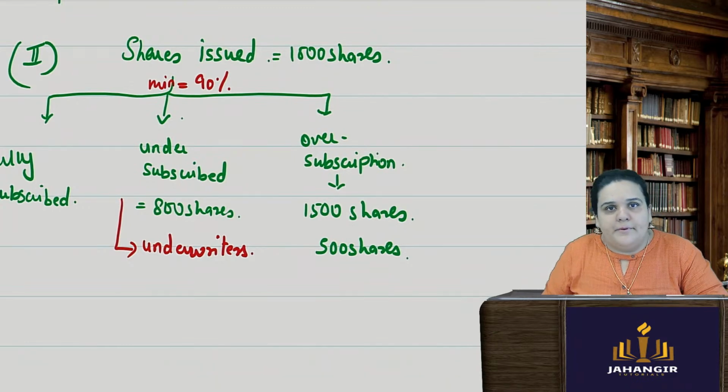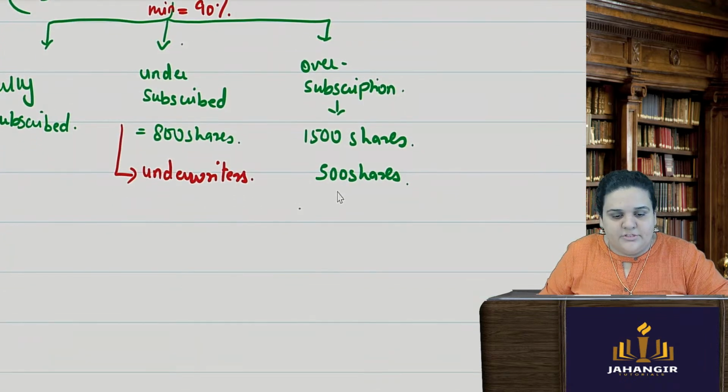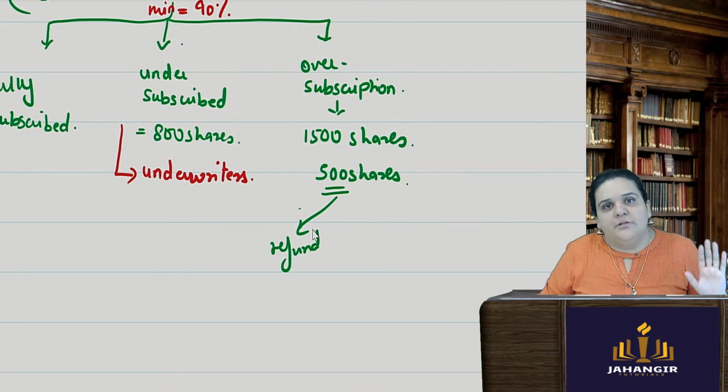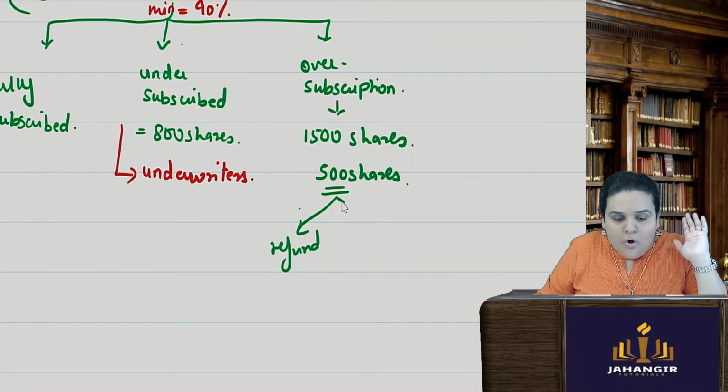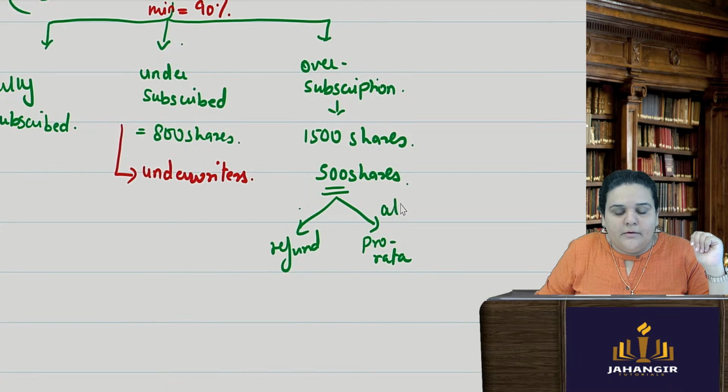So there are two things the company can do. They have a choice. Either they refund the application money for this extra 500 shares, or they can do allotment on a pro rata basis.